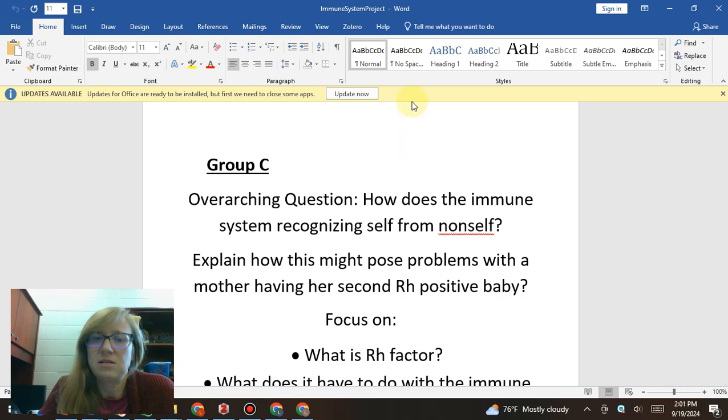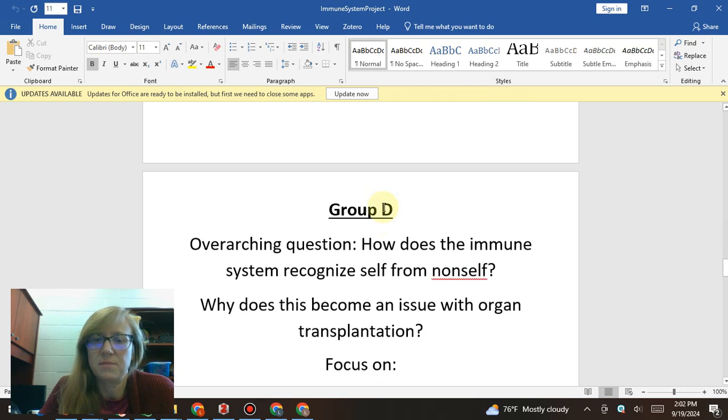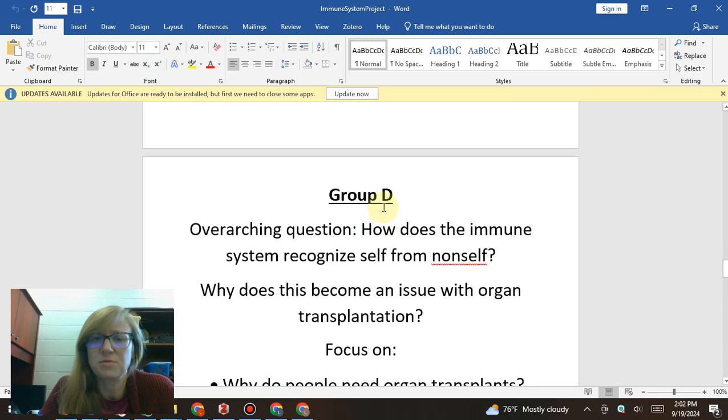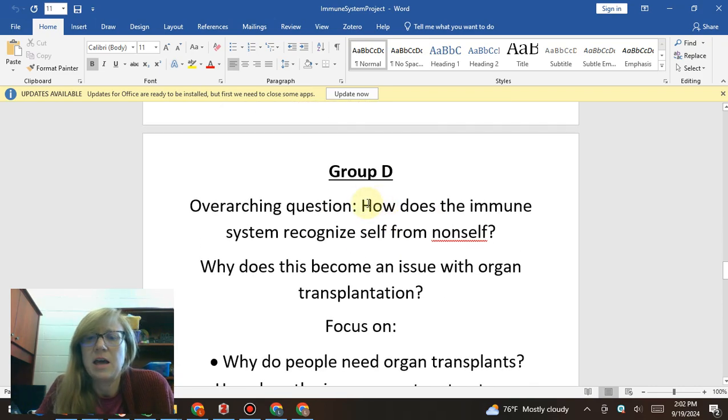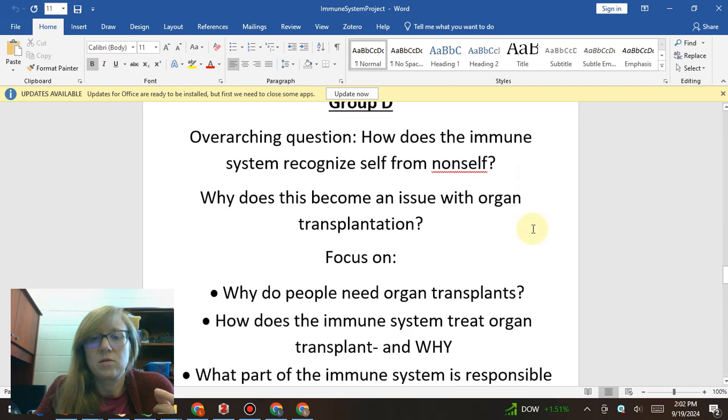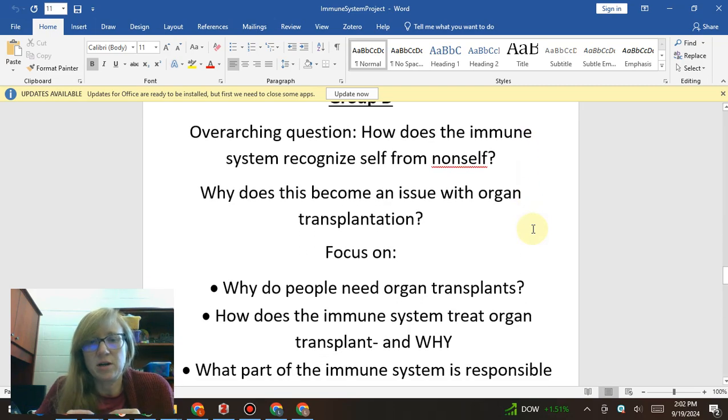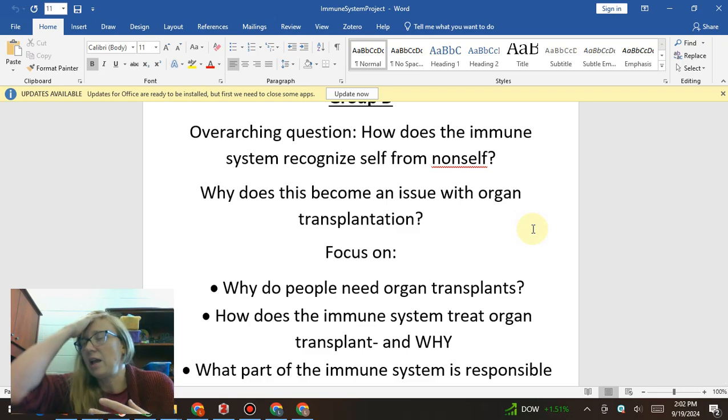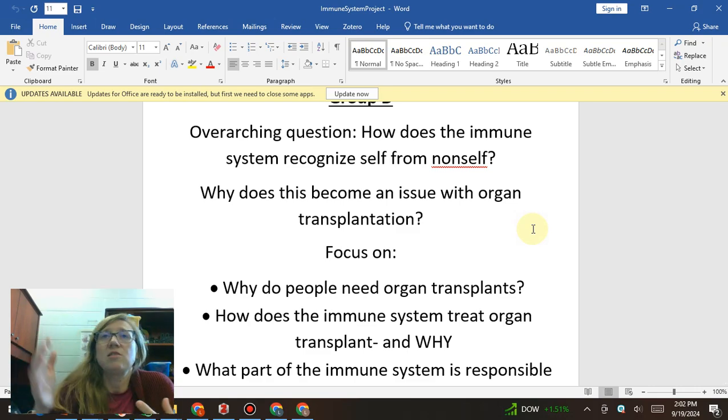So let's take a look at, this is a really interesting one. Let's take a look at Group D. How does the immune system recognize self from non-self? That's a big question that we're going to be asking. And in this one, why is that an issue with organ transplants? So thinking about nursing and health, many people have received different organ transplants, kidney, heart, eye.